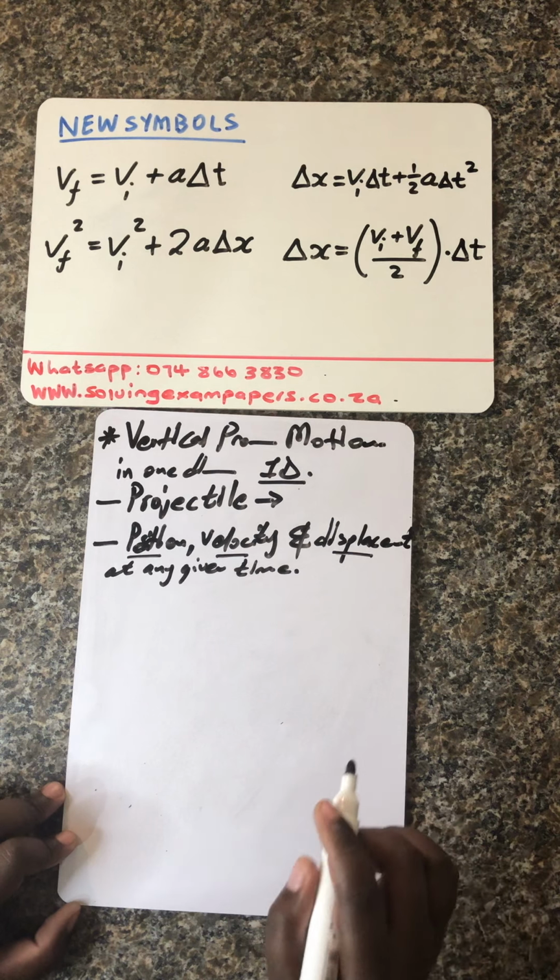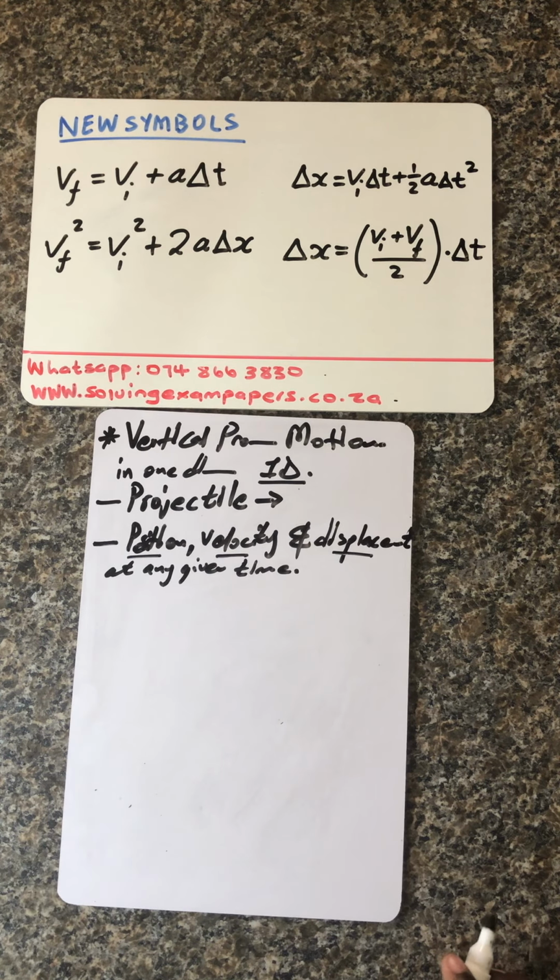Okay, so the other thing which is very much interesting that you must also bear in mind as far as vertical projectile motion in one dimension is concerned, ladies and gentlemen, we normally sketch graphs for position versus time, velocity versus time, and acceleration versus time.